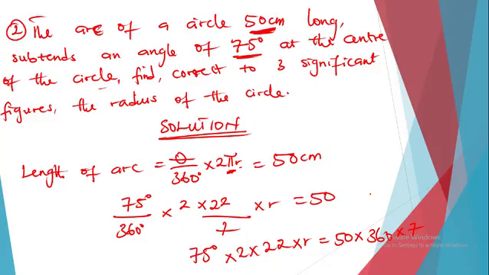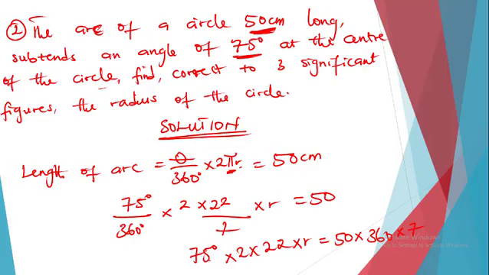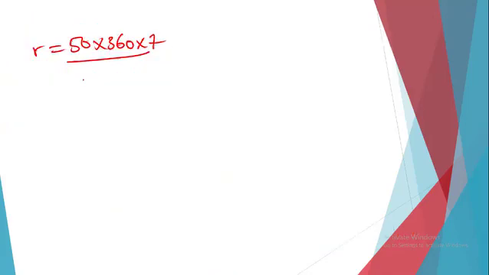Okay, making r the subject of formula, we have r to be equal to 50 times 360 times 7 all over 75 times 2 times 22.